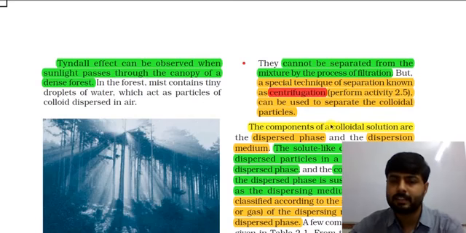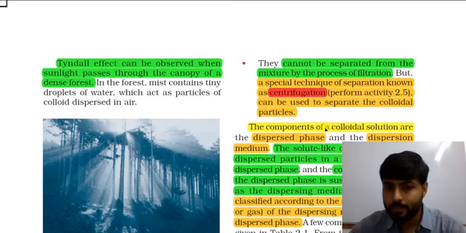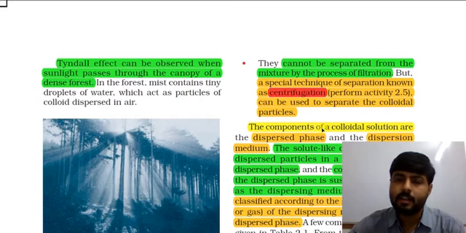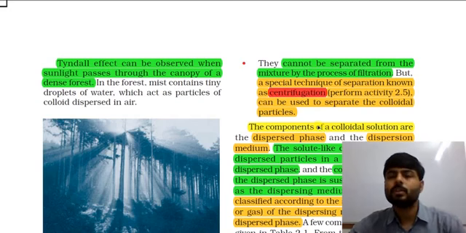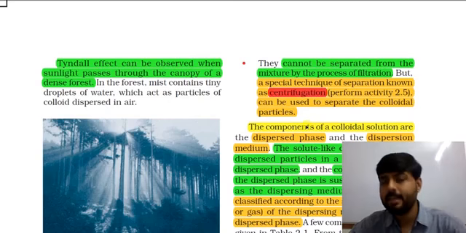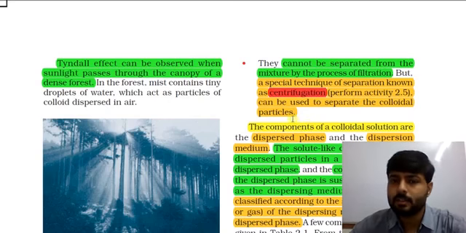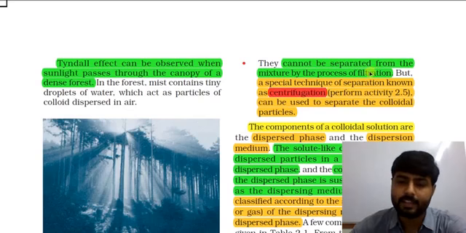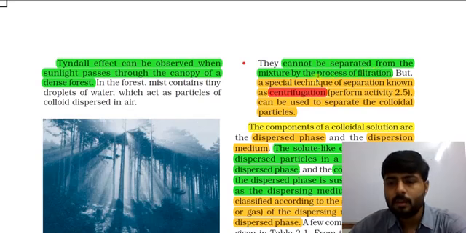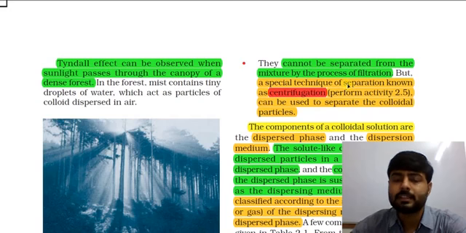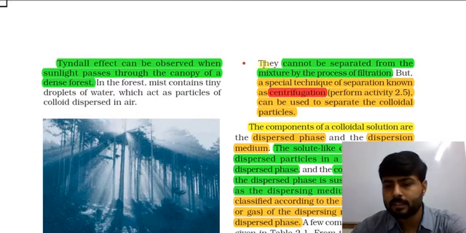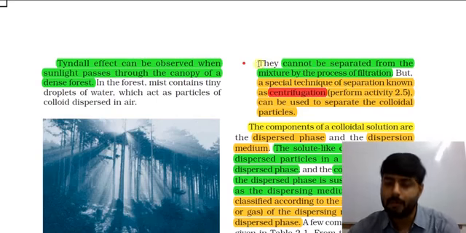As we have seen, suspension can be separated by filtration. Solution cannot be separated by filtration. Colloidal solution also cannot be separated by filtration. But we have a special technique of separation known as centrifugation. This centrifugation process can separate colloidal particles.